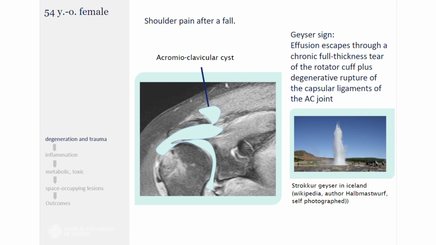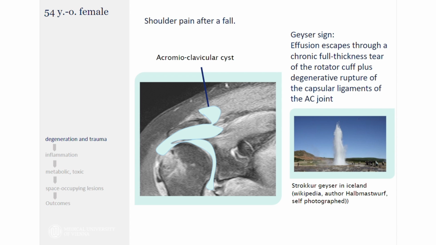Now we have another topic. This here is a 50-year-old female with shoulder pain. And this patient had a little bump on the top of her shoulder. Somebody considered that a tumor, some people didn't know, but it's a very distinct and typical finding.